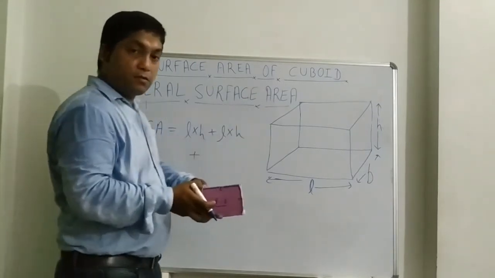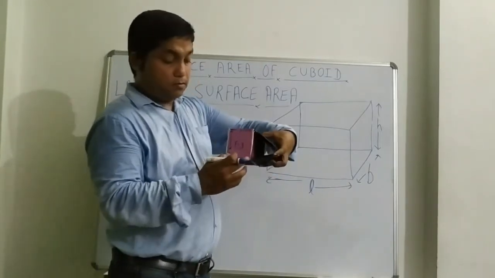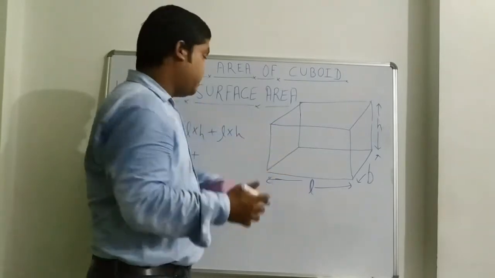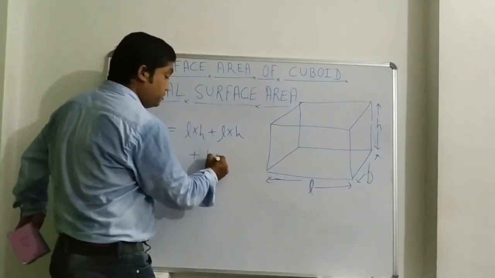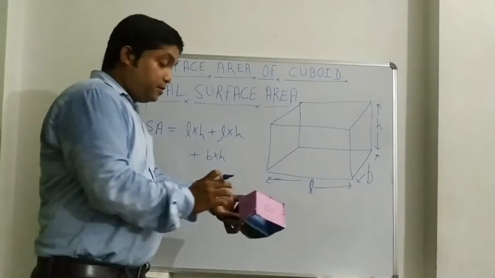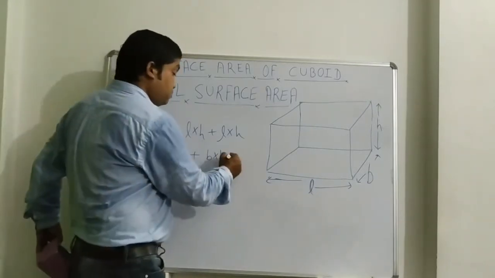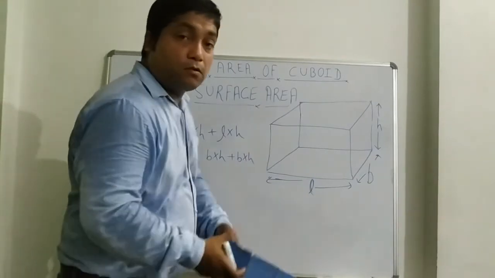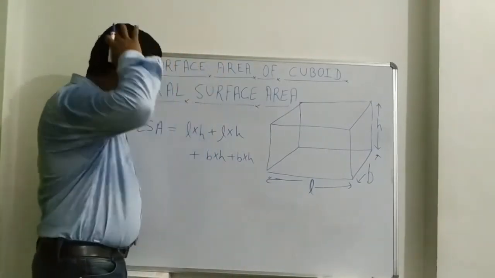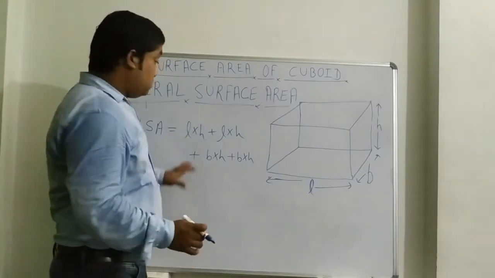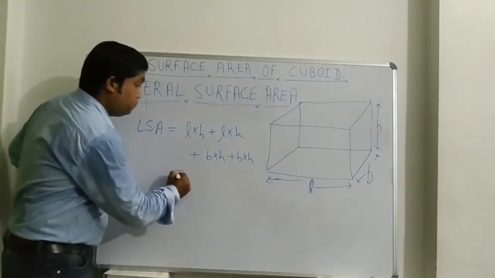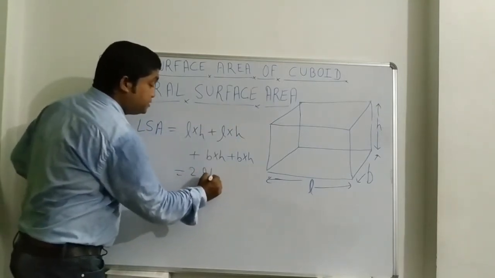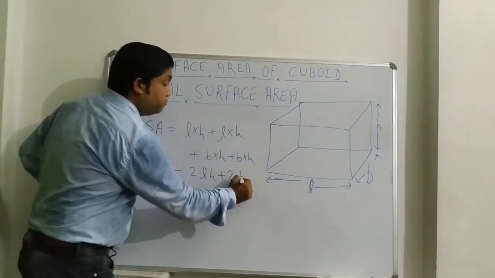Again, here we have breadth and height, so breadth into height. Similarly, that one is also breadth into height. When we add them, we have 2LH plus 2BH.